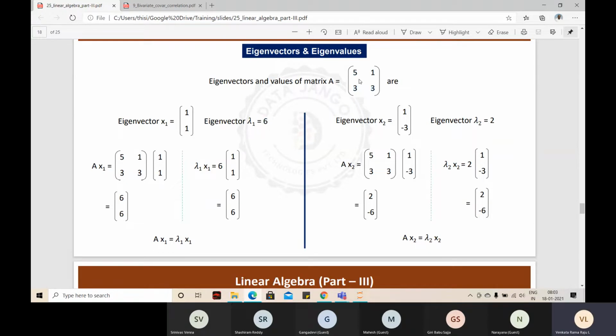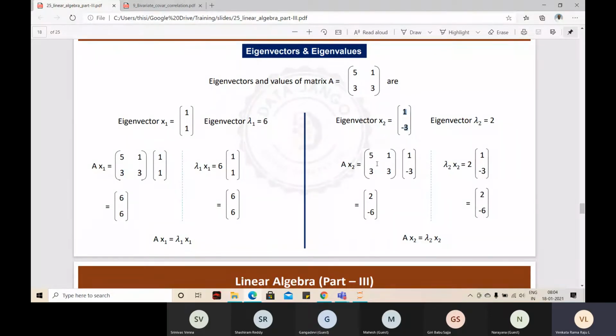There are 2 columns, right? And one more important point is that eigenvalue, eigenvector decomposition can be done on a square matrix only. There are 2 rows and 2 columns, so we will get 2 eigenvectors and eigenvalues. So this is the first eigenvector, this is the first eigenvalue. This is the second eigenvector.